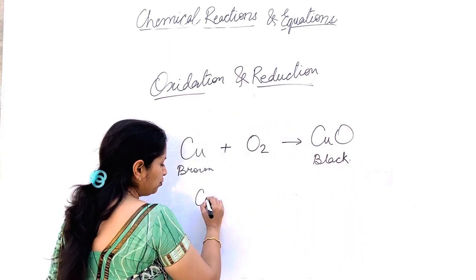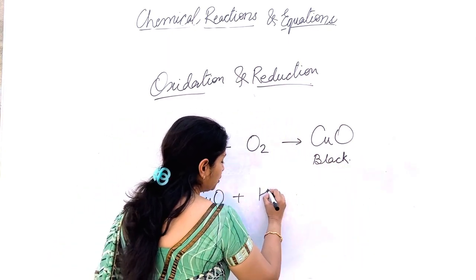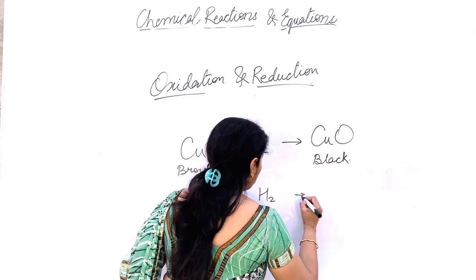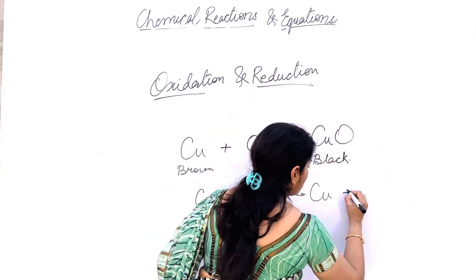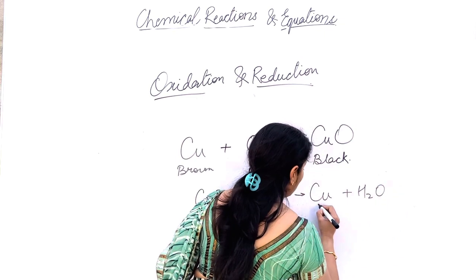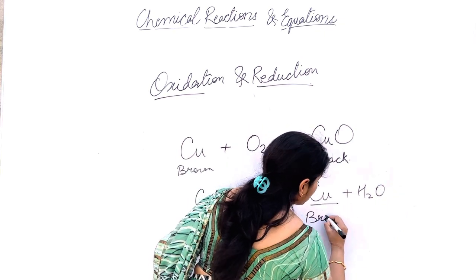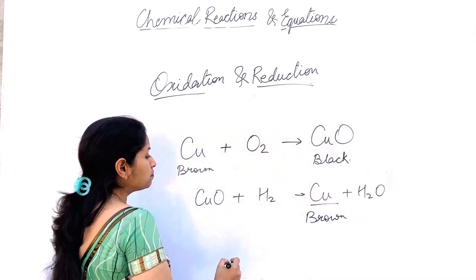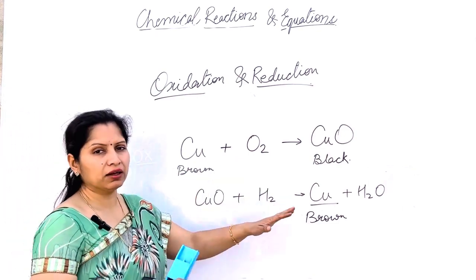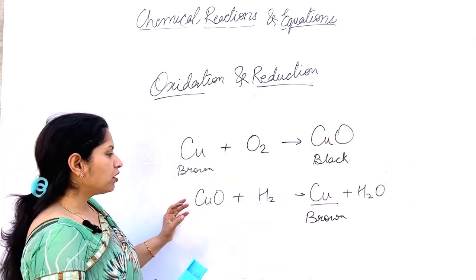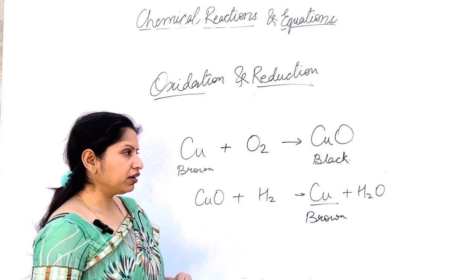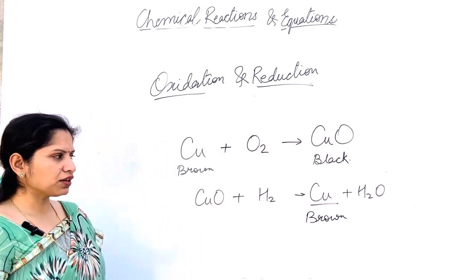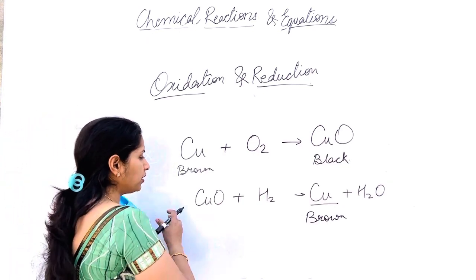But now if you pass hydrogen gas through this heated element, copper will be formed again and water will be formed. How will you come to know that copper has been formed? The brown color will be reappearing. So in this reaction, let's find out what is undergoing oxidation and what is undergoing reduction.